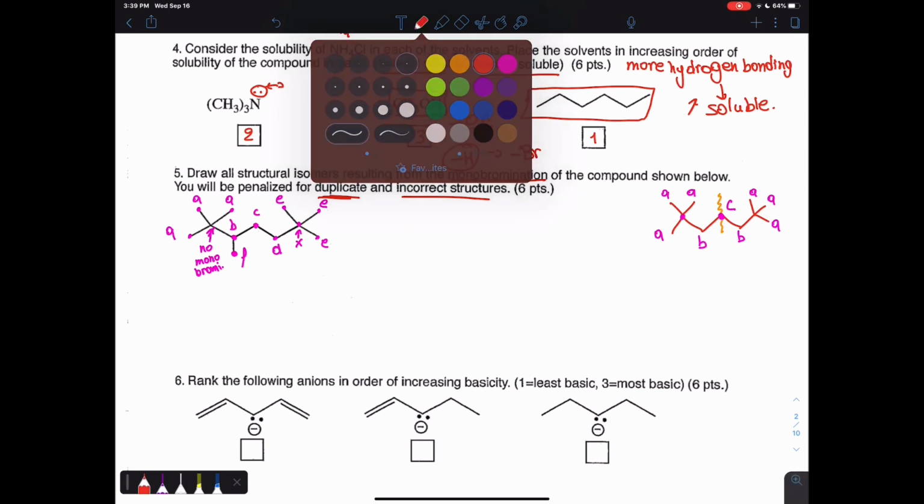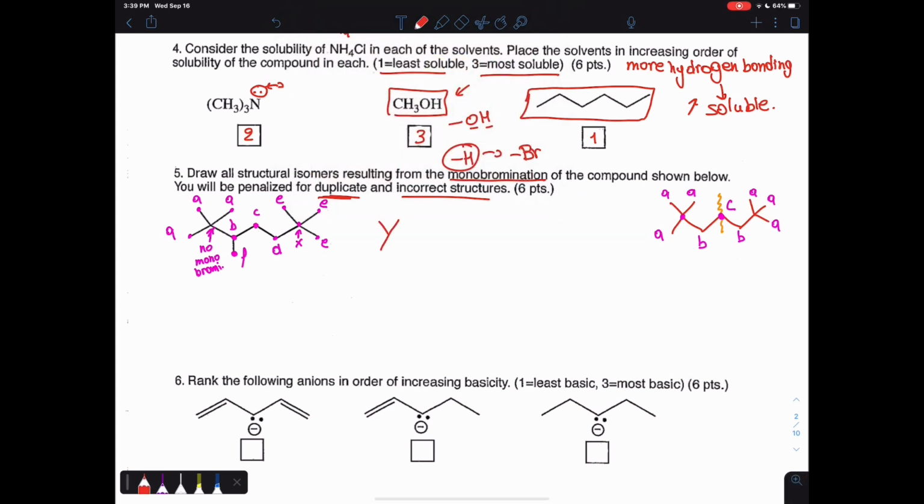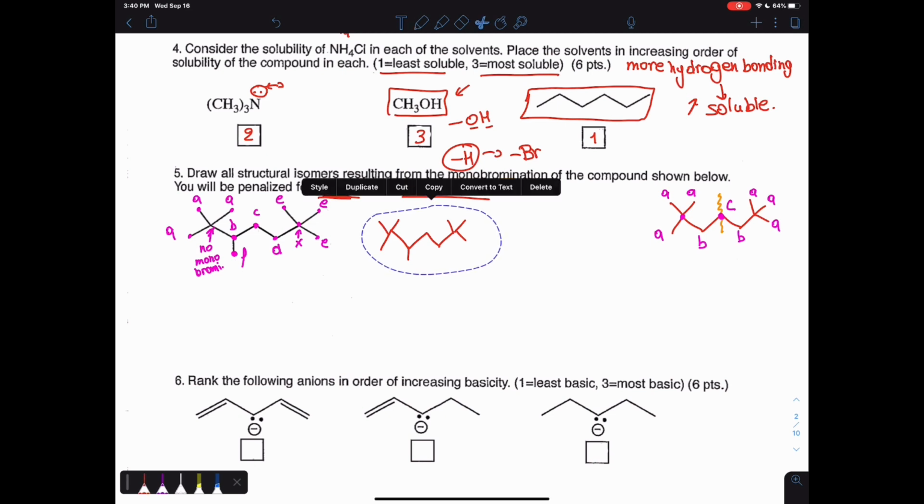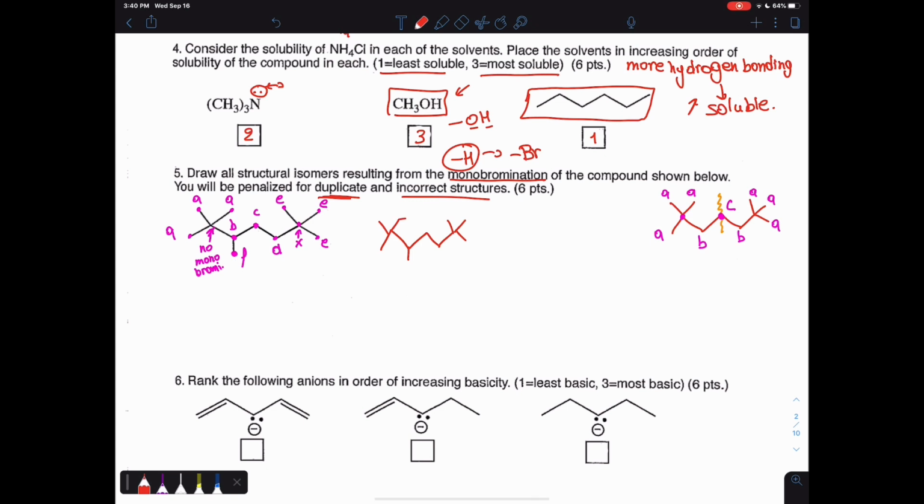So now let's draw it out. The first one is going to be on the A carbon, so that's the Br here.